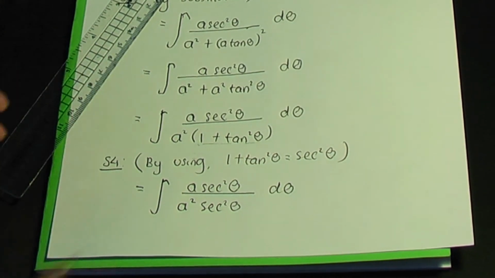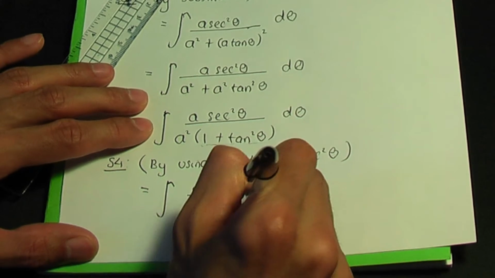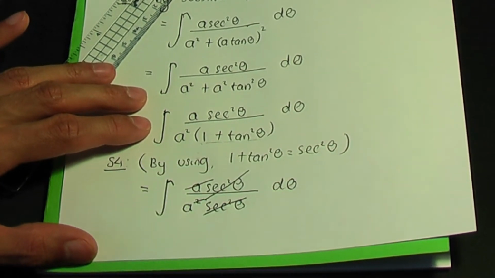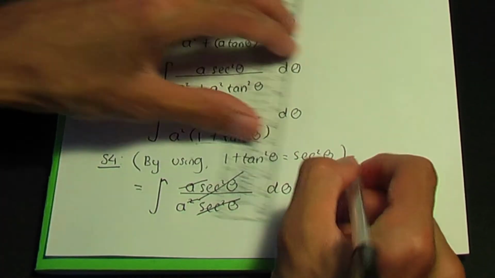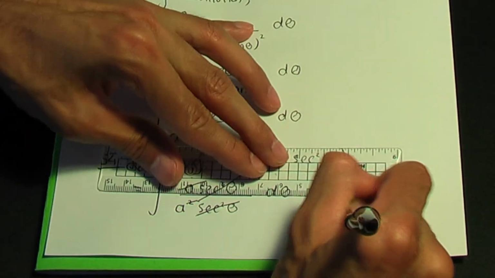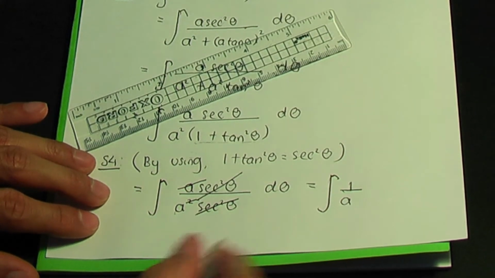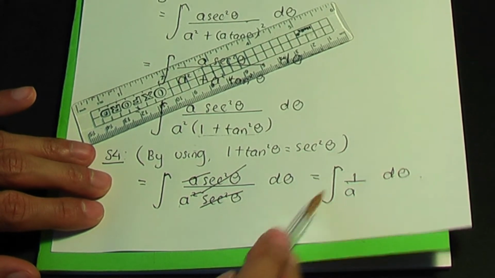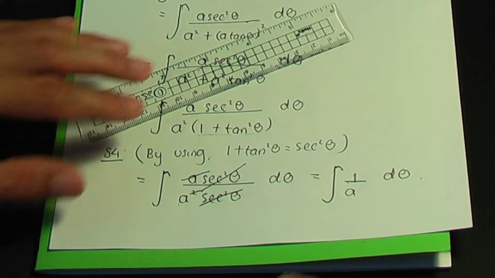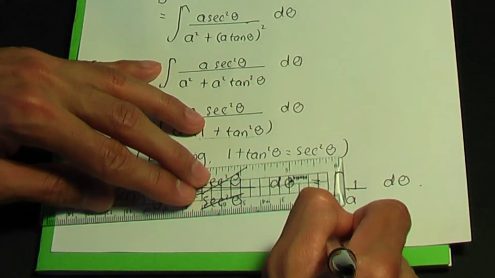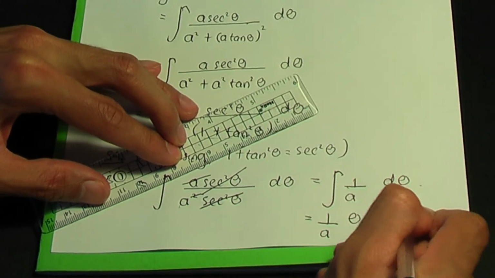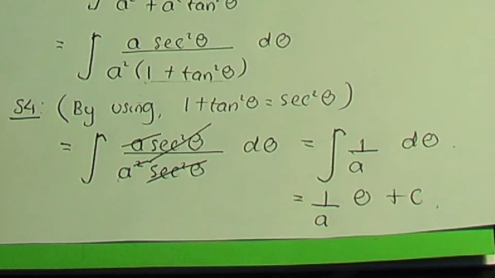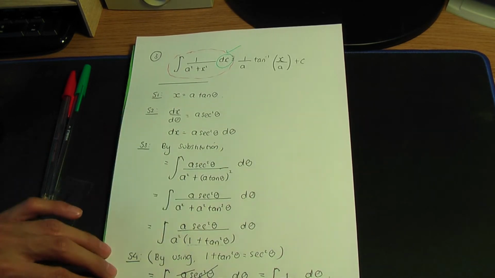Okay, now by doing this, the 2 sec squared theta terms will cancel, and one of the a terms will cancel below. So we're left with 1 over a, so be careful, 1 over a is left over to integrate with respect to theta. And when you integrate 1 over a, which is a constant, with respect to theta, we're going to have 1 over a theta plus c. Okay, so we need to write this back in terms of x, and remember, go back to your substitution.